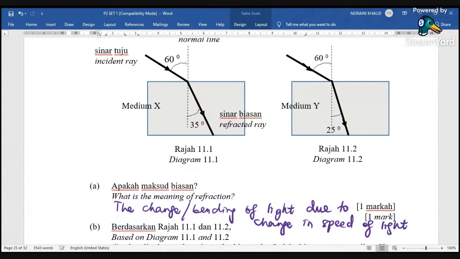Okay, so main point dia kena ada lah ya, change or bending, change in speed of light.